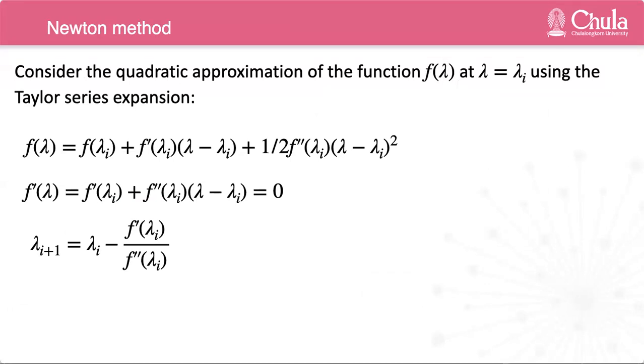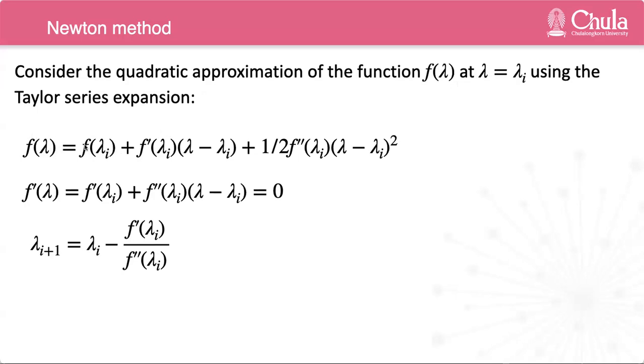If we want to approximate this objective function as a quadratic function, we can use the Taylor series expansion. This objective function can be written around the fixed point lambda i.